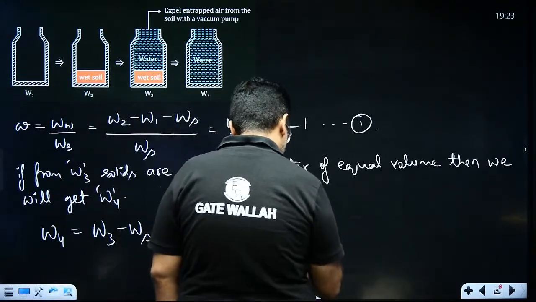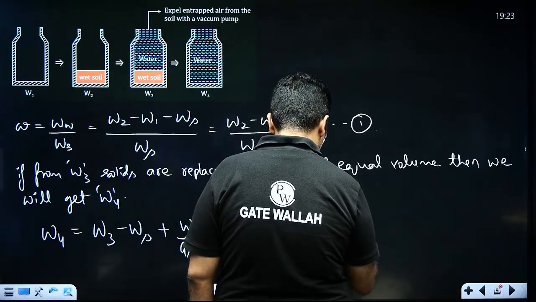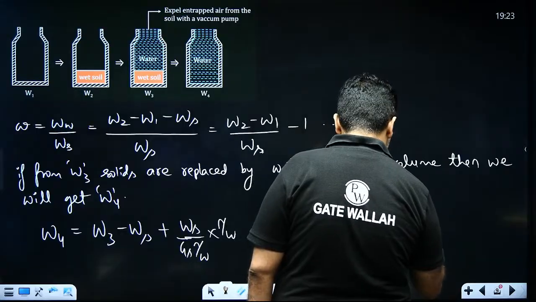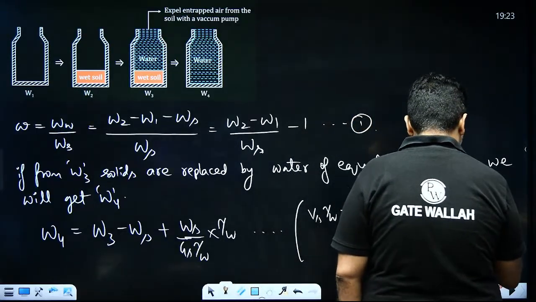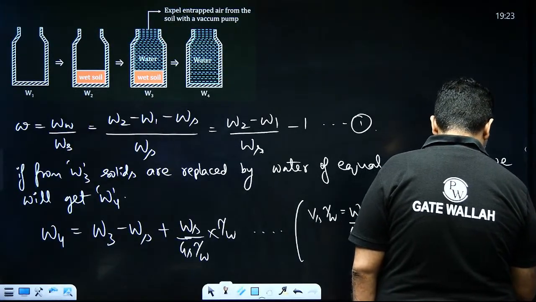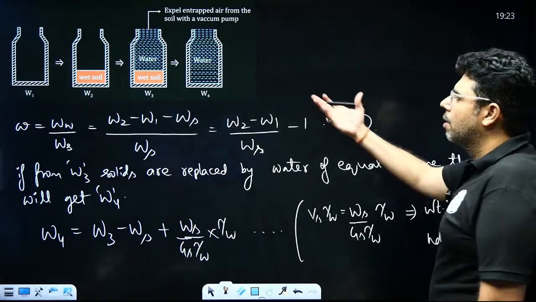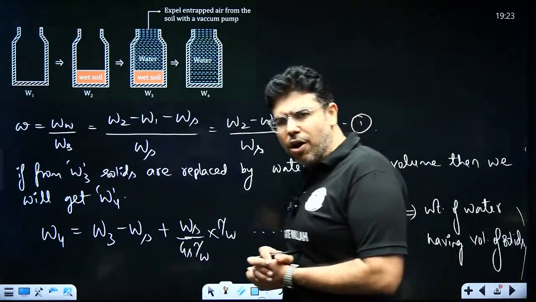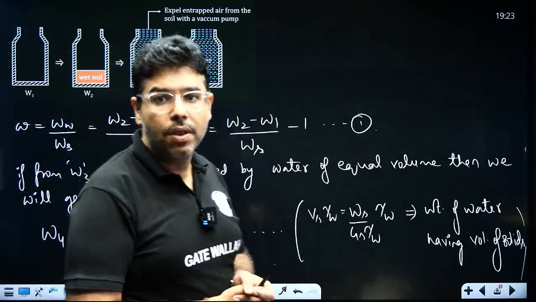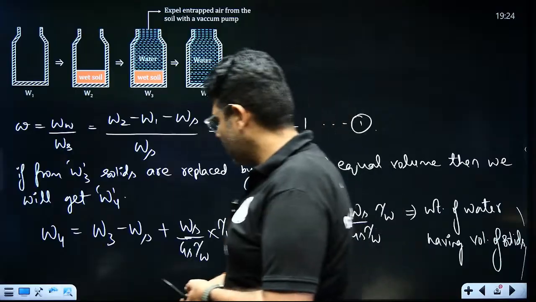So here Vs gamma w is equal to Ws by Gs gamma w into gamma w, which is the weight of water having volume of solids. So my pycnometer will be again full and the weight that you will record is W4. You are not doing this actually. You are just imagining. Now from this equation you can easily calculate the value of Ws.